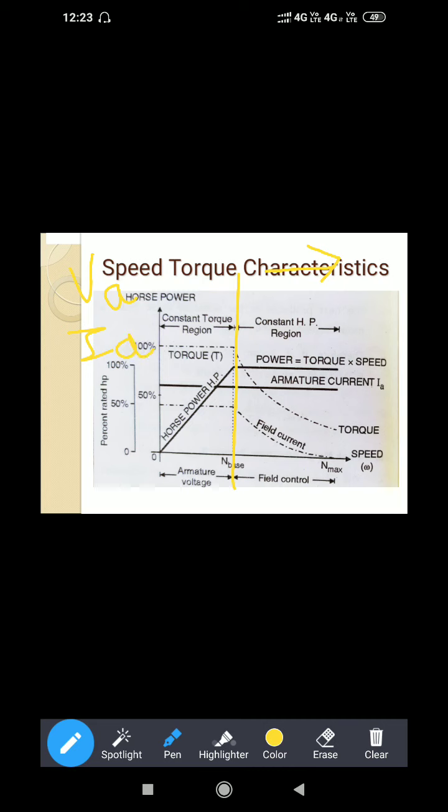Because of this, your horsepower or electrical power will remain constant, right? Here we have drawn the power characteristics. For initial below rated speed, your power is variable, but for above rated speed, your power remains constant.